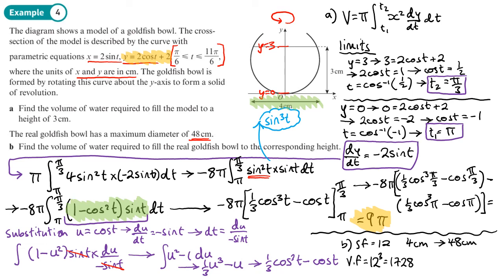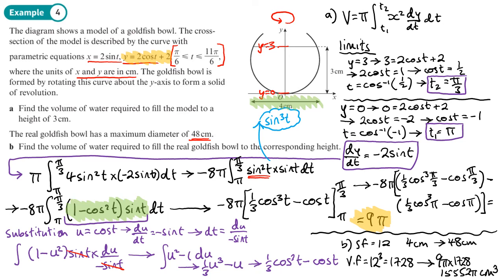So to find the real volume, what I'm going to do is take 9 pi and multiply it by 1728. So times 9 pi, and we get 15552 pi, and the volume of water then will be centimeters cubed.